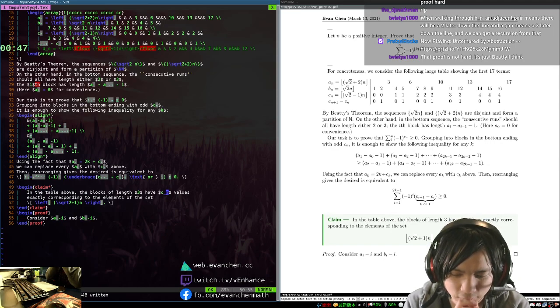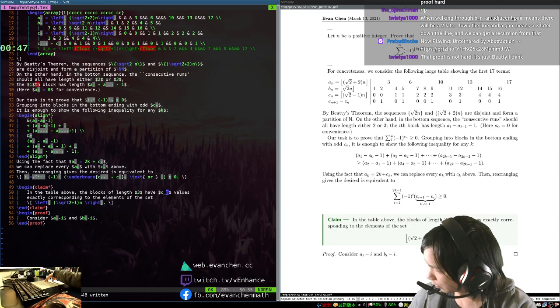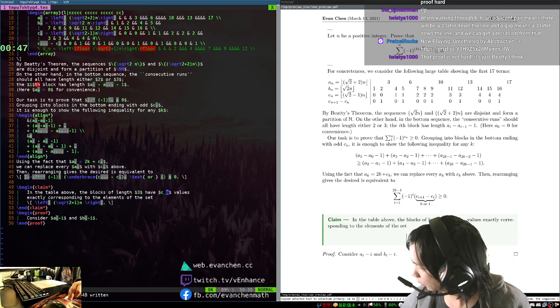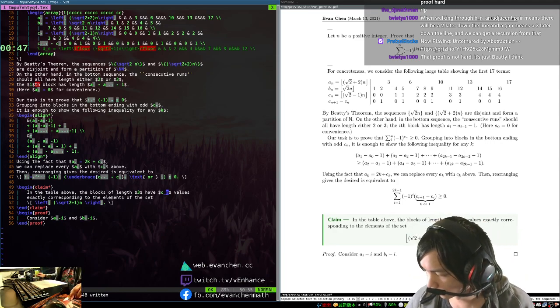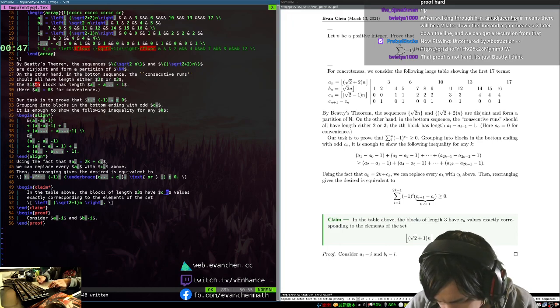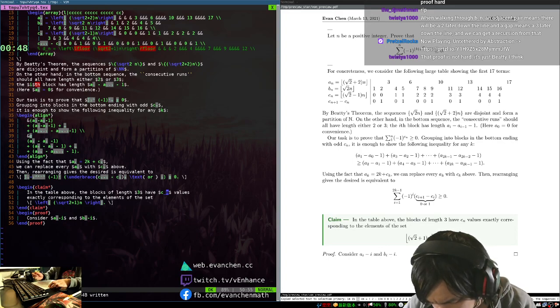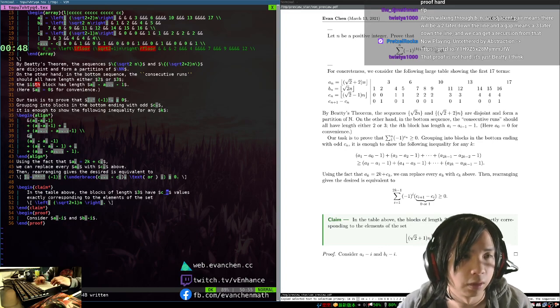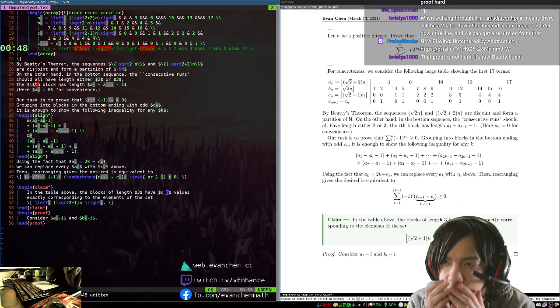It's like... root 2 over 2? That doesn't make sense. Yeah, 1 plus root 2 all over 2. I think we don't really want to play with that.